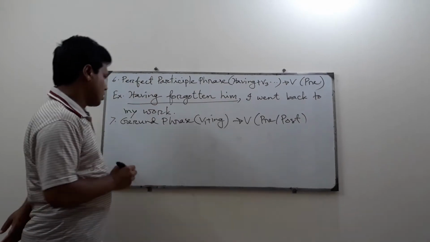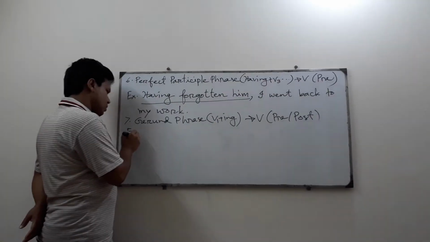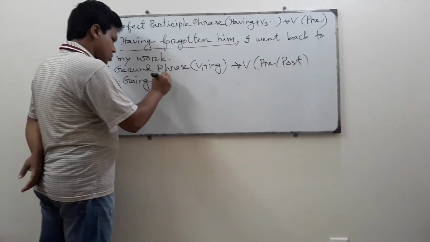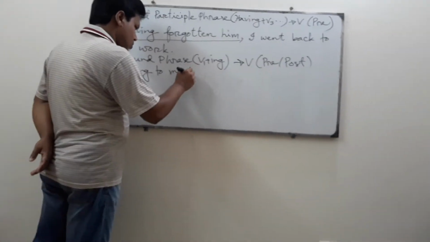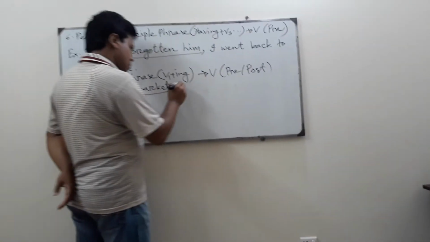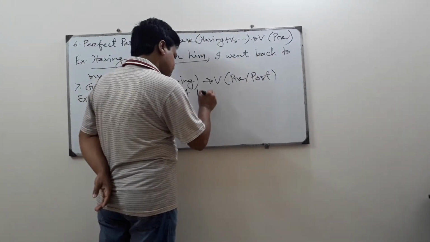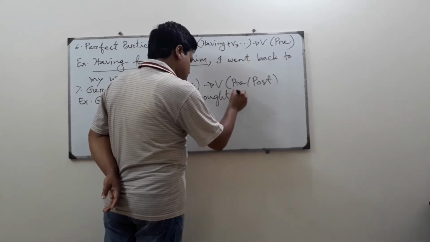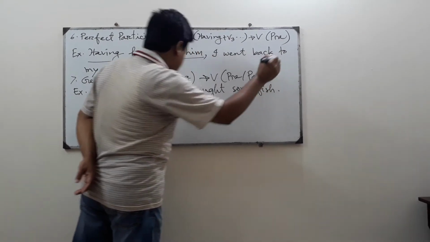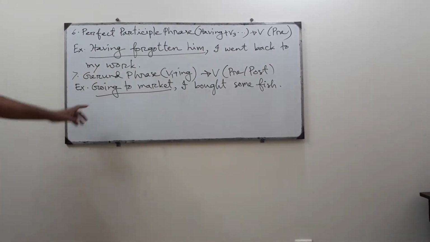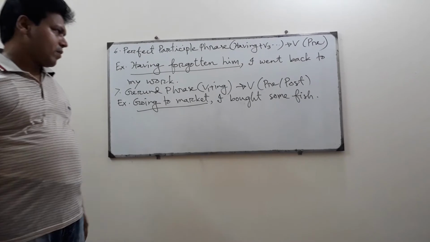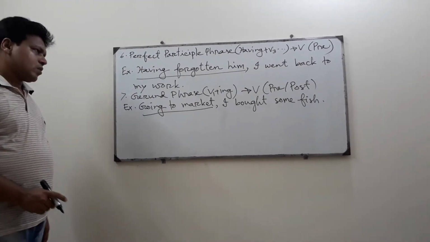For example, look: going to market, I bought some fish. Here the phrase going to market has modified the verb bought.